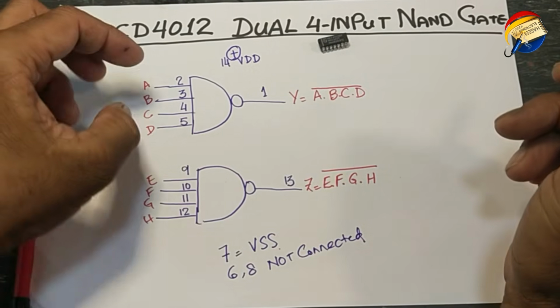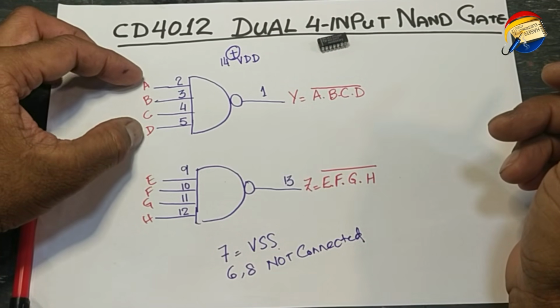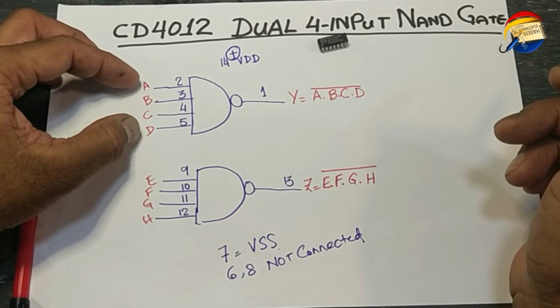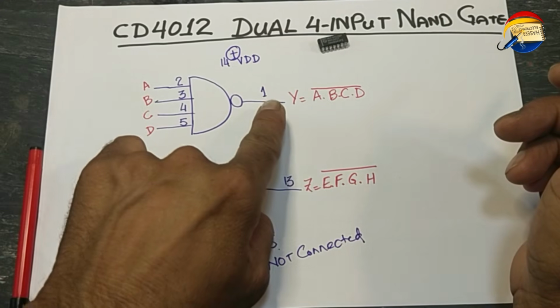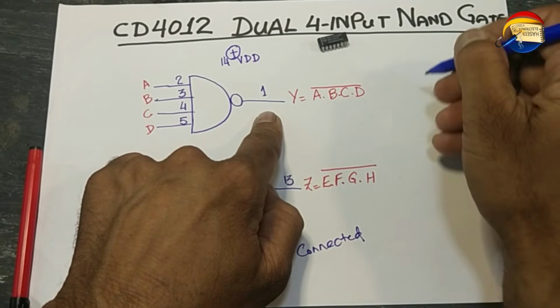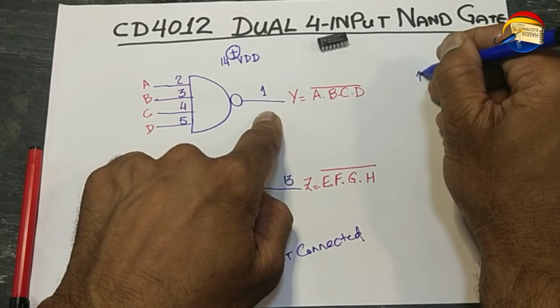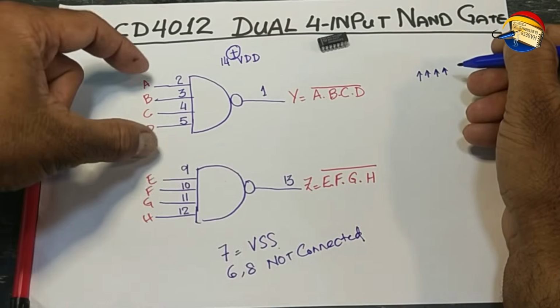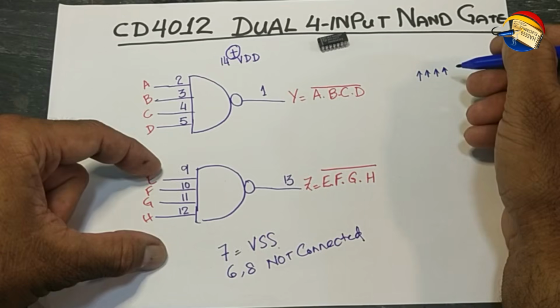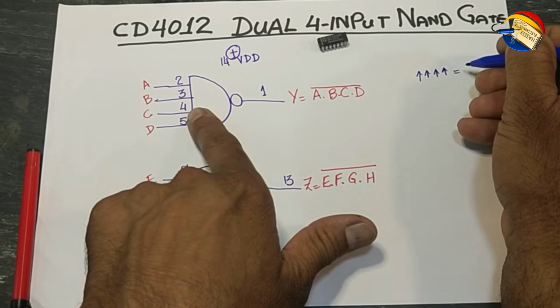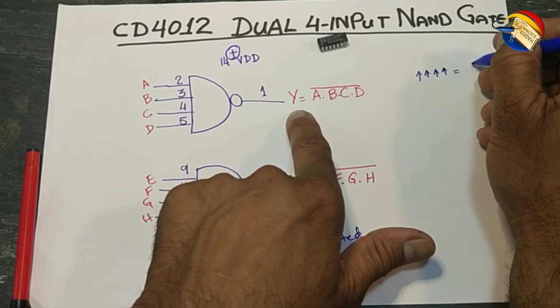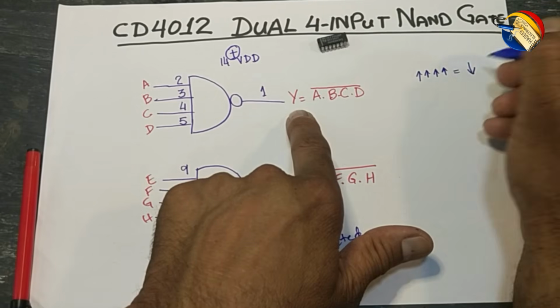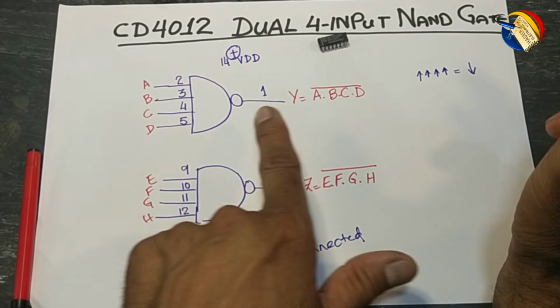That means if all inputs are high, the output will be low. If all inputs are high, either this channel or this channel, respective output will be low, because we have NAND function.